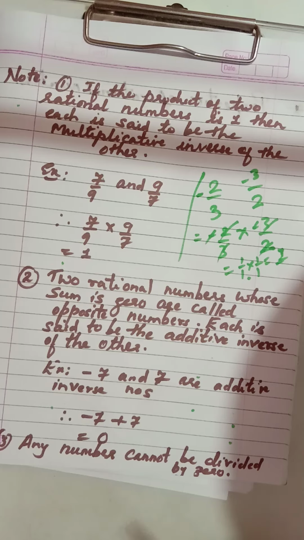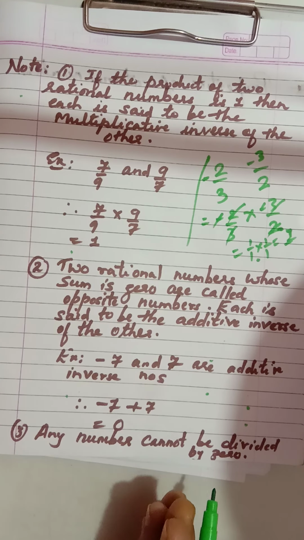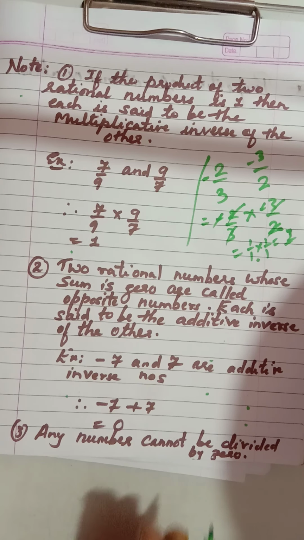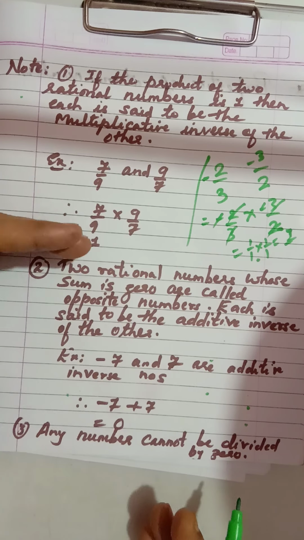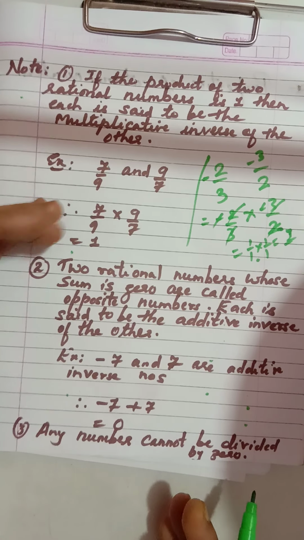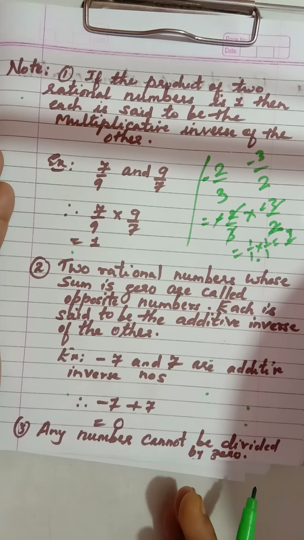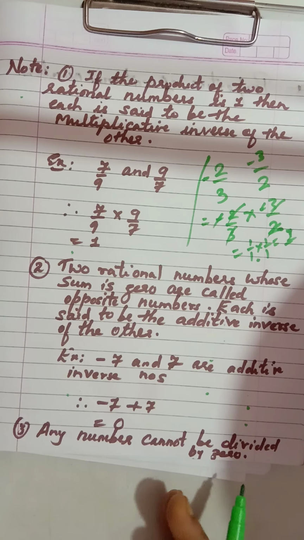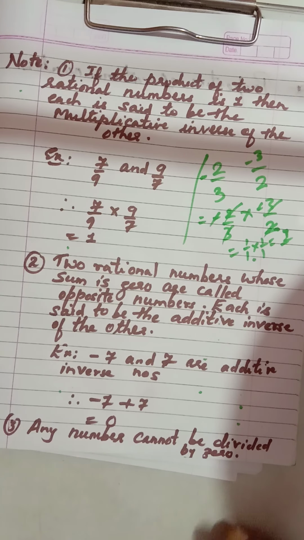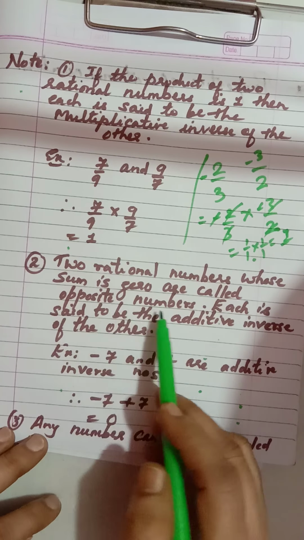So in case of additive inverse, if you add both the additive inverse numbers, your result will be 0. And in case of multiplicative inverse, the product will be 1. So you can understand whether the numbers are multiplicative or additive inverse depending on the result you are getting. Also now see children, here I have used the word opposite numbers.